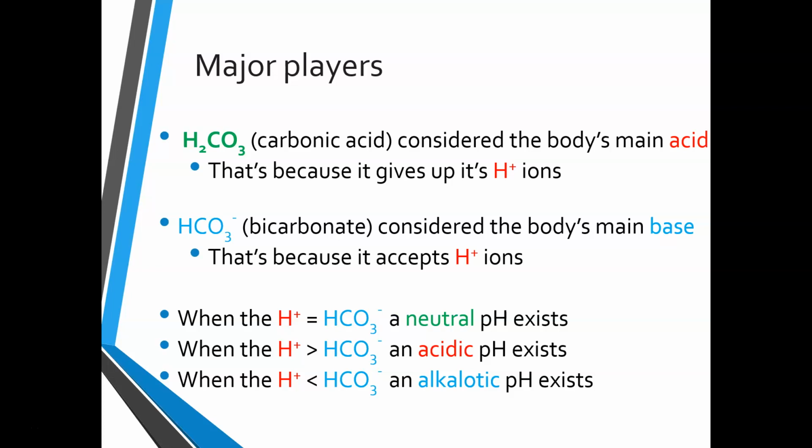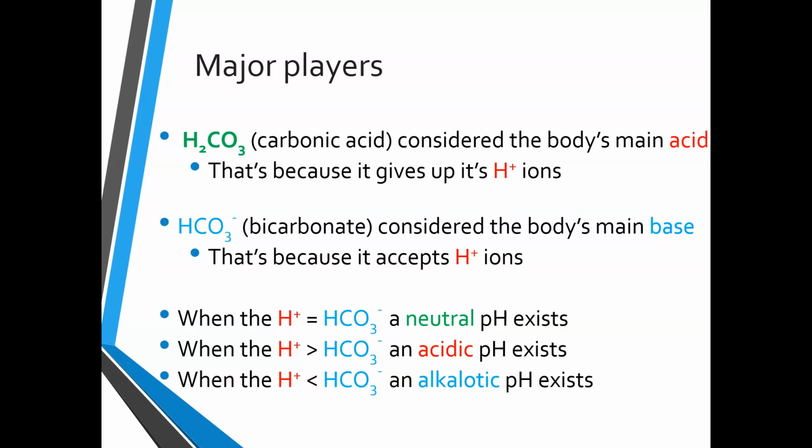The major players when we're looking at the pH of blood is going to be carbonic acid, which is considered the body's main acid. And that's really because it gives up its hydrogen ions. Bicarbonate, on the other hand, is considered the body's main base. That's because it actually accepts hydrogen ions.